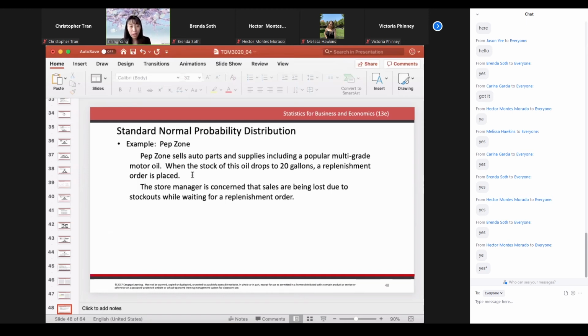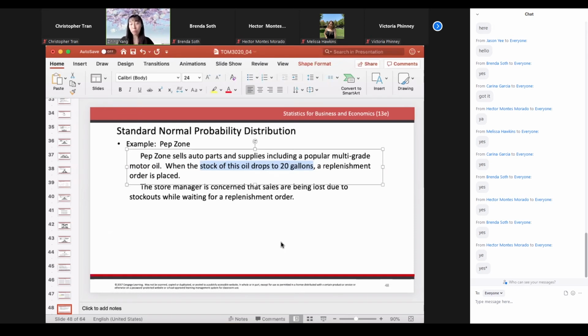So here in this example, a shop sells auto parts and supplies, including a specific motor oil. Currently their strategy is when the stock of this oil drops to 20 gallons, they will reorder it.